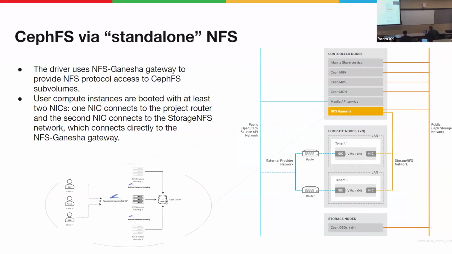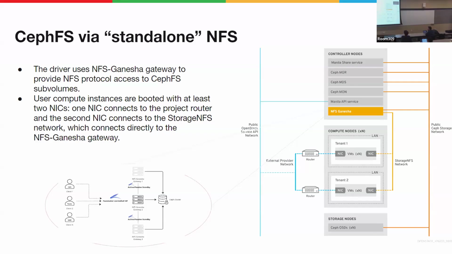Now, covering how we do CephFS via standalone NFS. The driver uses an NFS Ganesha gateway to provide NFS protocol access to the CephFS subvolumes. So it's all through NFS Ganesha. And how do we do that with networking and connectivity? Well, there will be two network interface cards, or NICs, connected to the VMs.